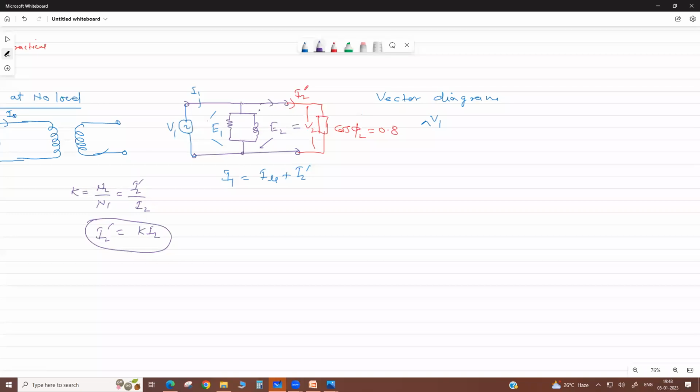It means this I naught has two components, I omega and I mu. But otherwise, we neglect the voltage drop. Then if we draw it, at no load, when there is no load, the transformer only takes I naught, the no load current. At no load, the transformer is highly inductive.